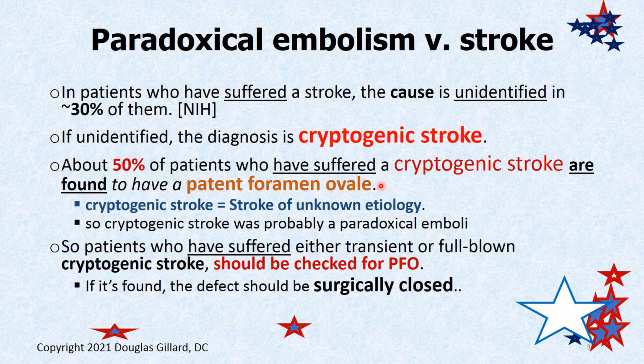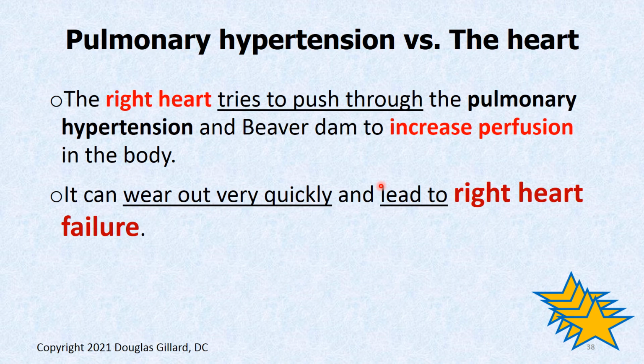So they were getting paradoxical emboli causing the stroke, and for whatever reason, they just missed it on the CT and MRI. They didn't see it, or maybe it dissolved after causing the stroke. But yes, if you've had a stroke, it's recommended to surgically close those PFOs. That increases your chance of not having it again.